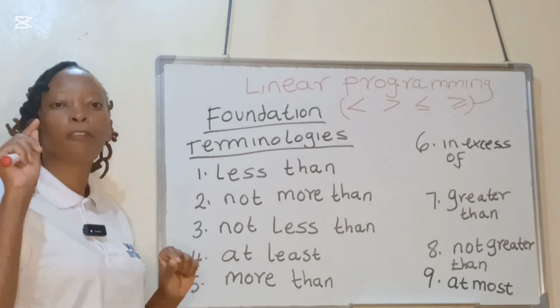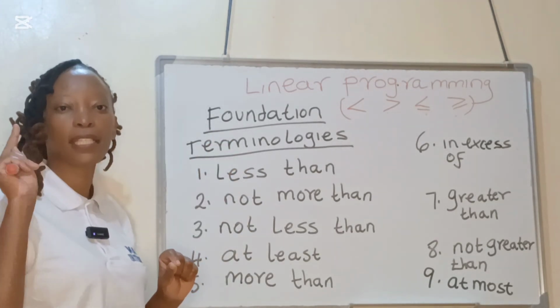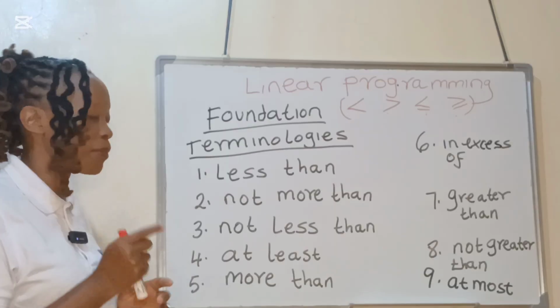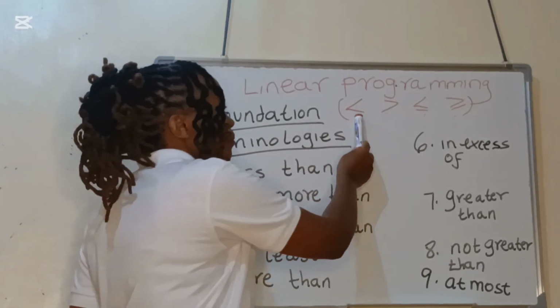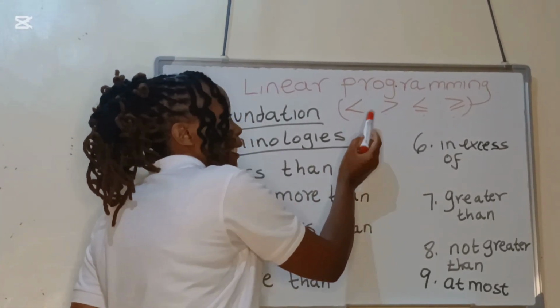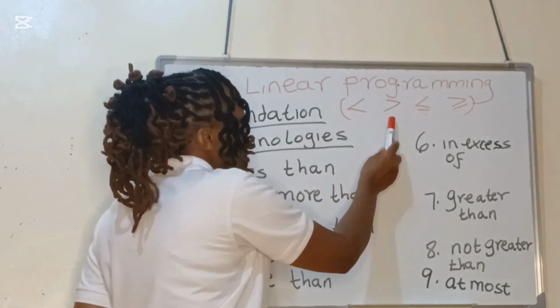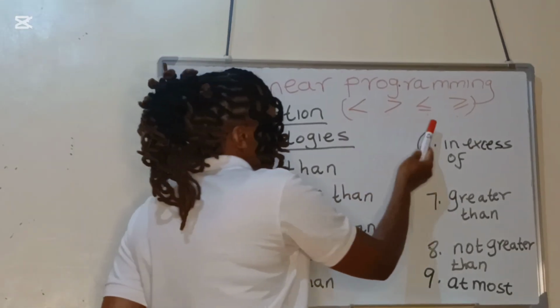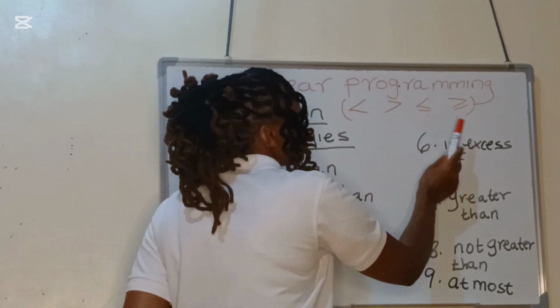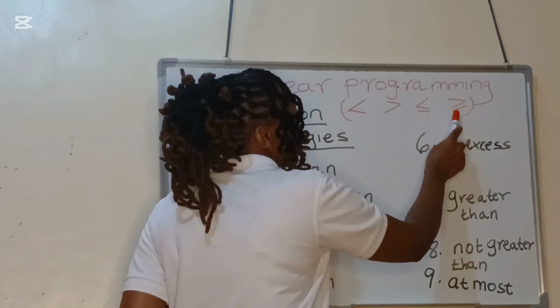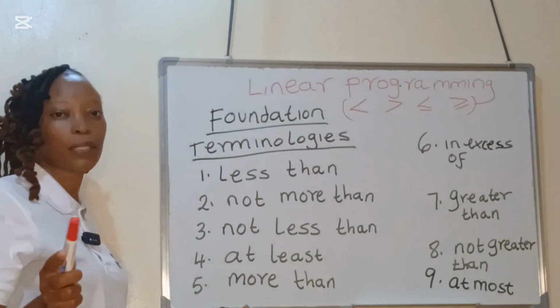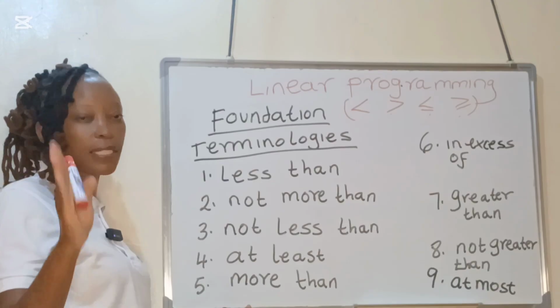We start with 4 linear inequality symbols. Let me explain them. They are here. This means less than, this means greater than, this means less than or equal to, this means greater than or equal to. Let me repeat. We have 4 inequality symbols.